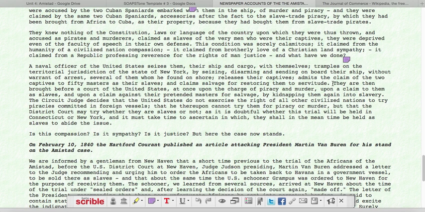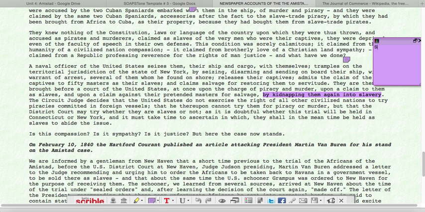Here we go again. They are then brought before a court of the United States, at once upon the charge of piracy and murder, upon a claim to them as slaves, and upon a claim against their pretended masters for salvage, by kidnapping them again into slavery. All right, so here, again, shows sympathy for the Africans.